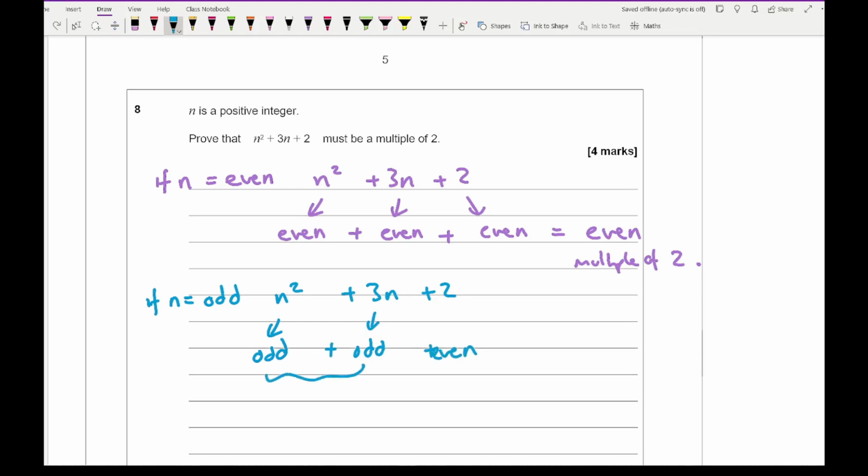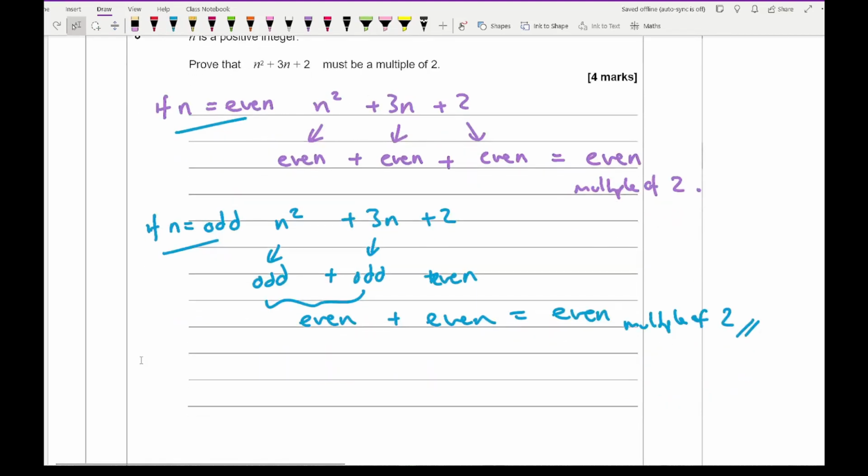Well, an odd plus an odd is even, and an even plus an even is going to equal an even number. So therefore, a multiple of 2. So there you can see that regardless of whether n is even or odd, it's always going to equal an even number, which is therefore a multiple of 2.